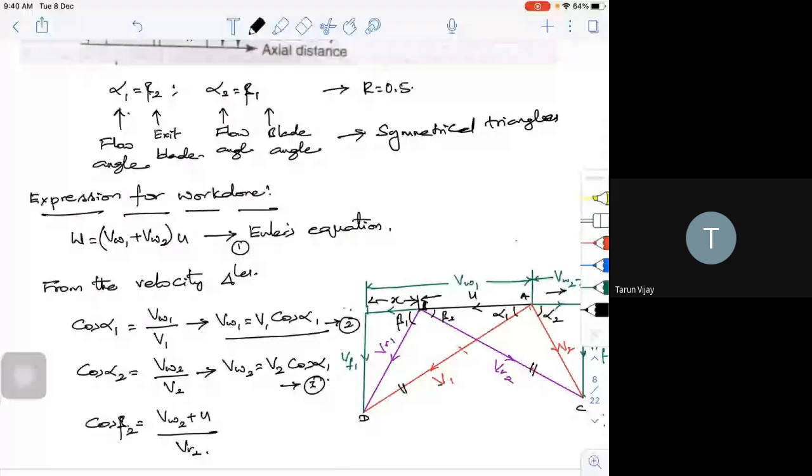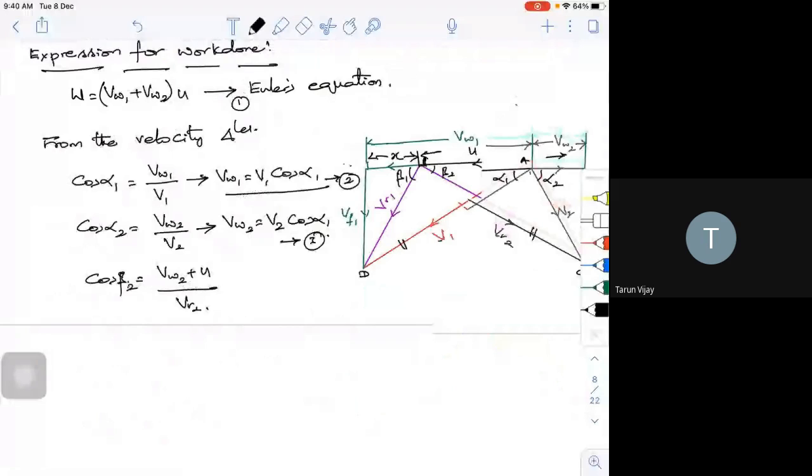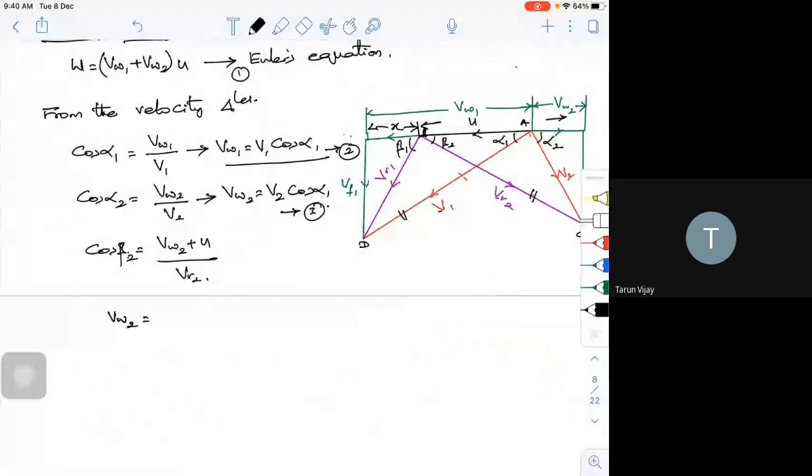Or I can write, what is cos beta 2? Cos beta 2 is equal to (VW2 plus U) divided by VR2, so I can write VW2 is equal to VR2 cos beta 2 minus U. Let me call this expression number 4. Now, you substitute 2, 4 and 1 in equation 1.